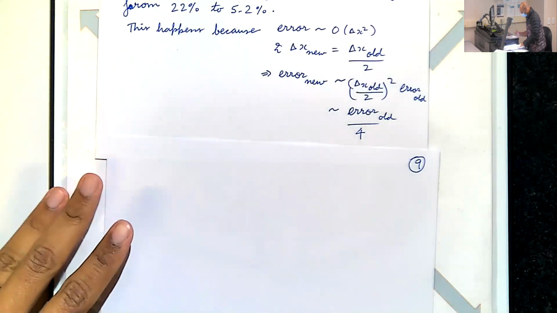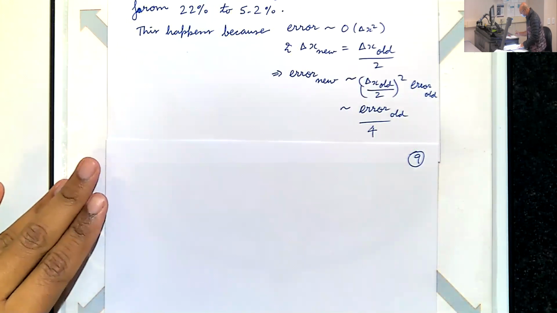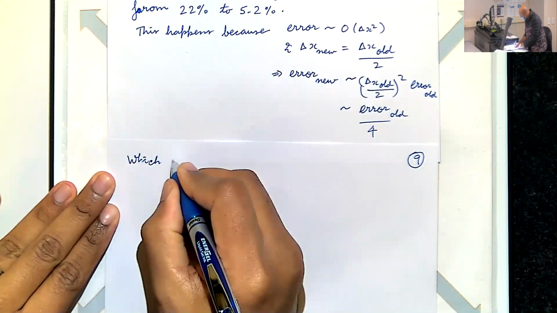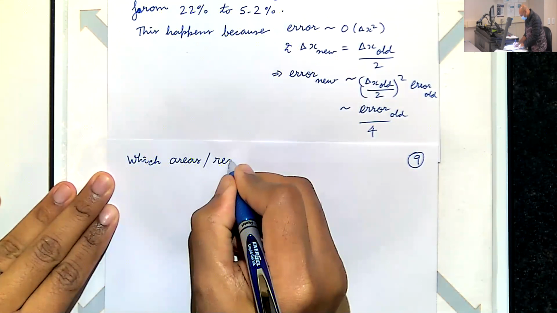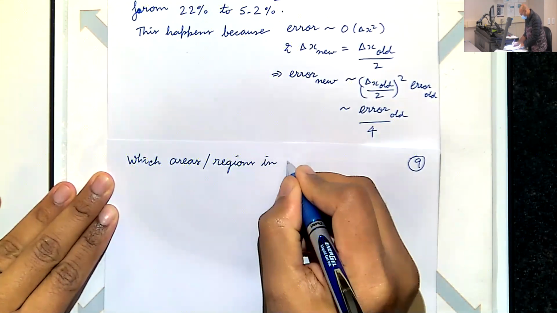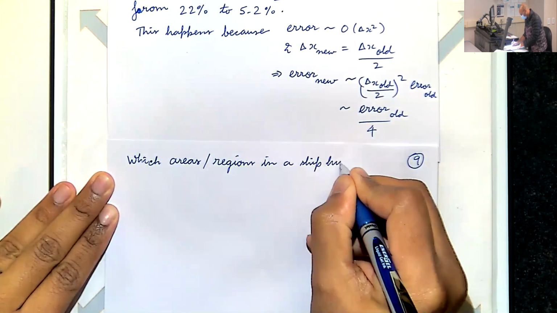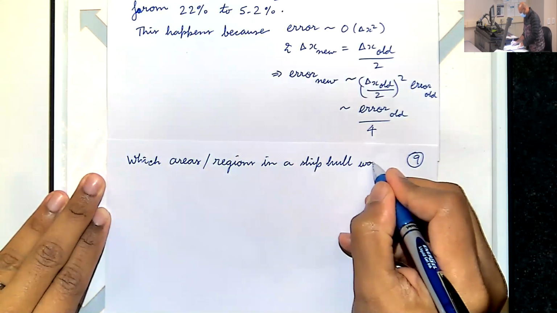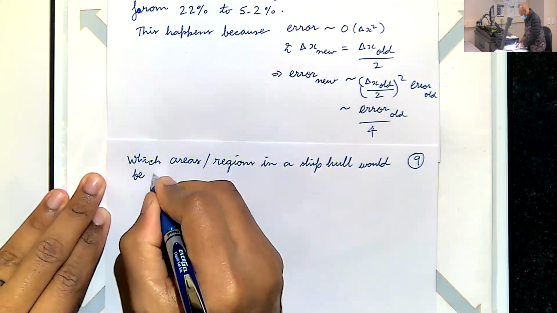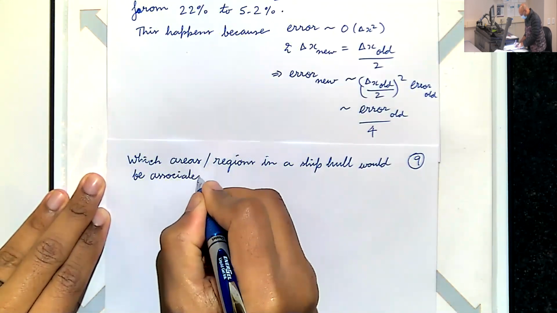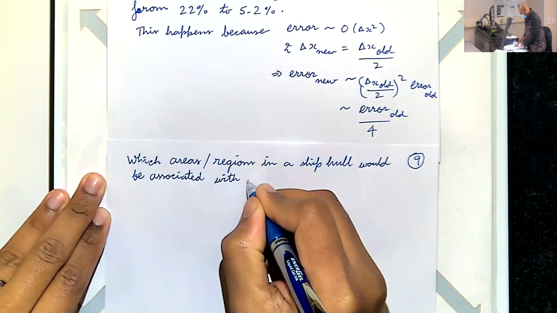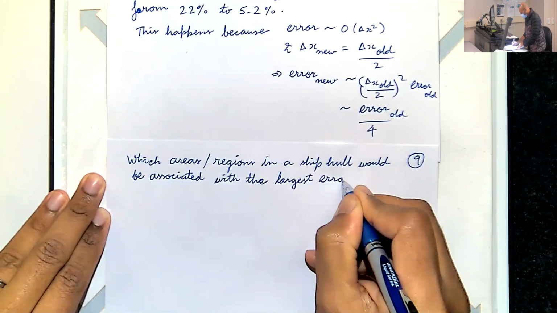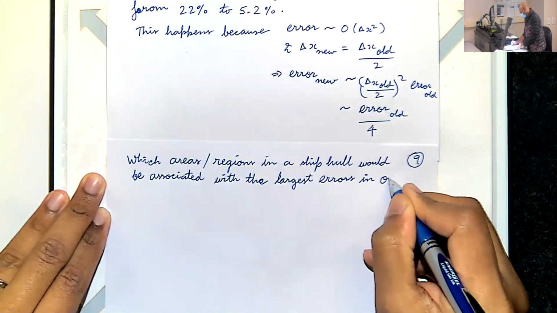So let's think about which areas or regions in a ship hull would be associated with the largest errors in our numerical approximation.